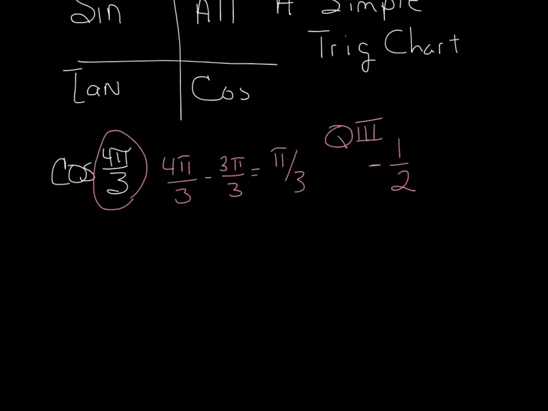We want to use reference angles to find the tangent of negative 210 degrees. So if we've got negative 210 degrees, what's the first step? Convert to positive. We can convert it to a positive angle, find a coterminal angle by doing what? Add 360.